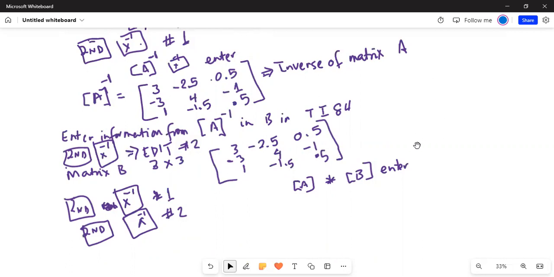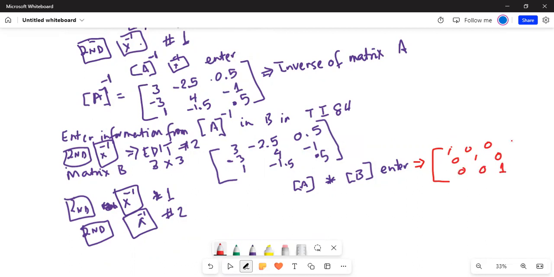So A times B gives you the identity matrix, which is 1, 0, 0, 0, 1, 0, and 0, 0, 1. This is called the I, or identity matrix.